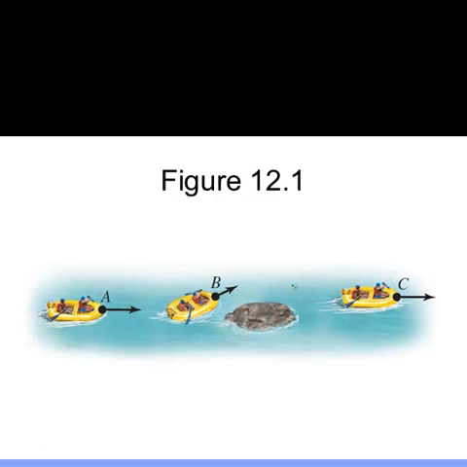And then over here to the right, the raft has gone beyond the rock and has picked up speed again and is going in the same direction as you were way back here to the left. So the arrow is pointing in the same direction and has the same length. All right, so you can kind of think about that arrow as indicating vector velocity. Velocity is a vector quantity which incorporates speed and direction.